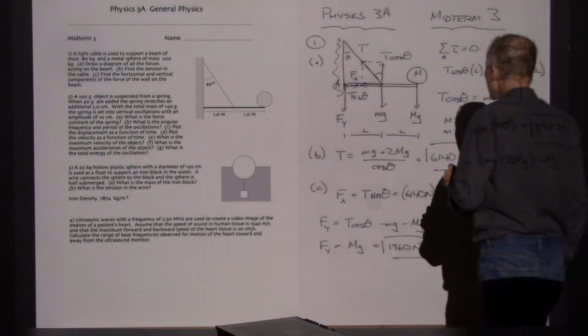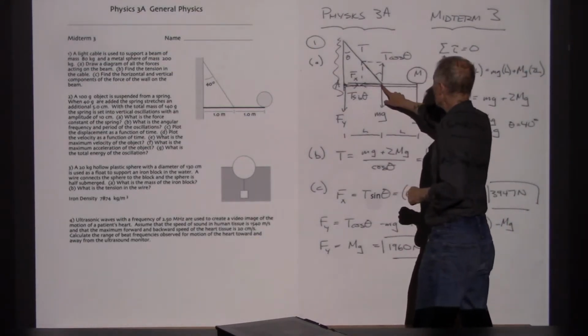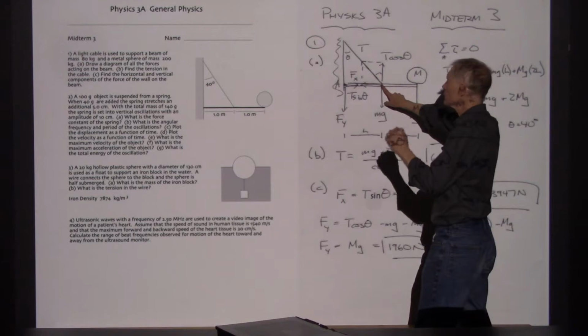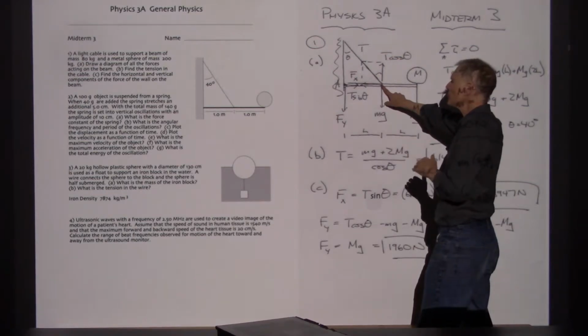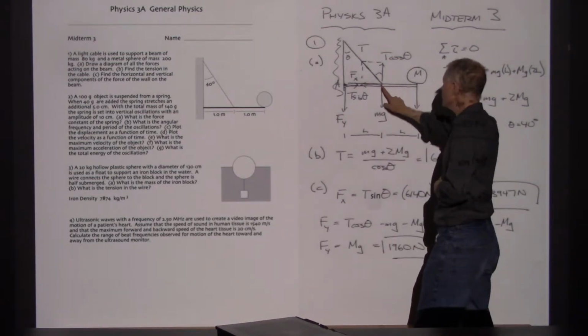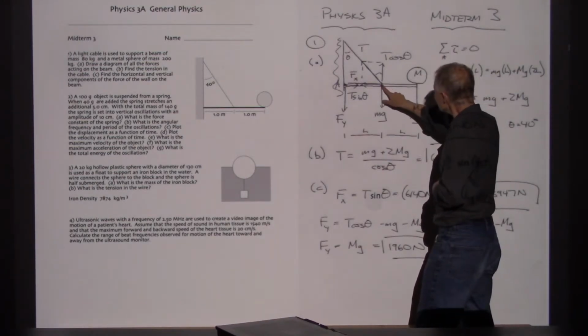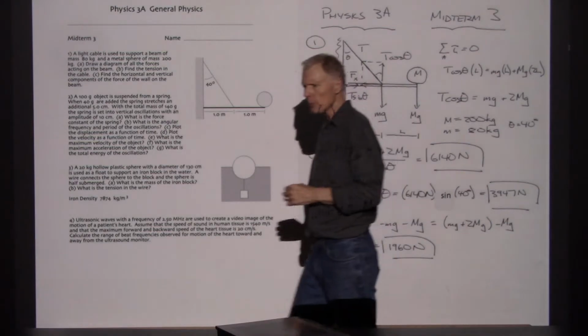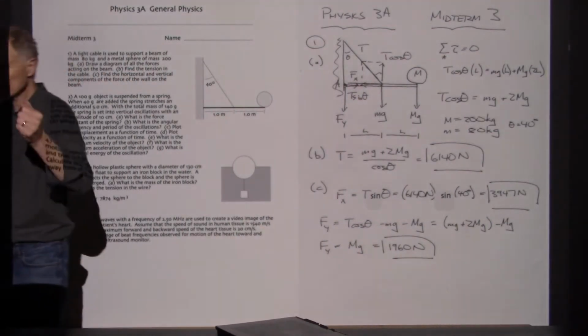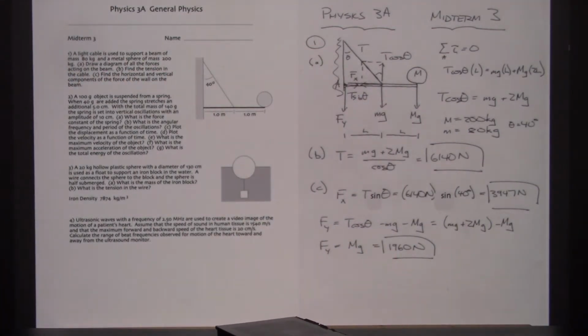Now the beam itself has 80 kilograms, and we can place that at the center. It's a uniform beam. There's no reason to think it's not uniform. Now the beam is also 2 meters in length. This is a little unusual. So in this problem, the cable is not connected to the end of the beam. It's connected halfway.